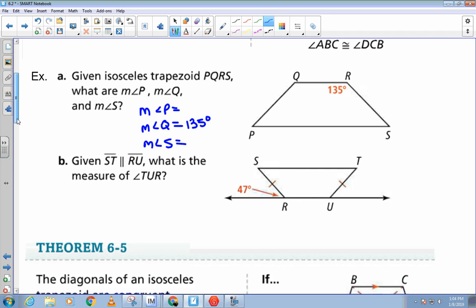Okay, so Q is 135. Alright, what's S going to be, or R and P? What is it, 45? Yes, 45. For both of them? Yes. Because Q and P are supplementary, as are R and S, and then P and S are congruent. So they are both 45. Good.